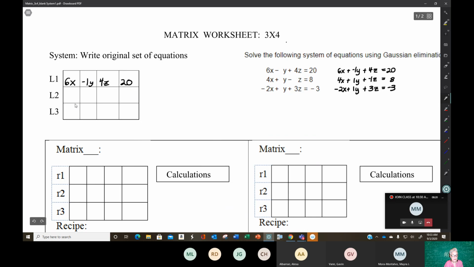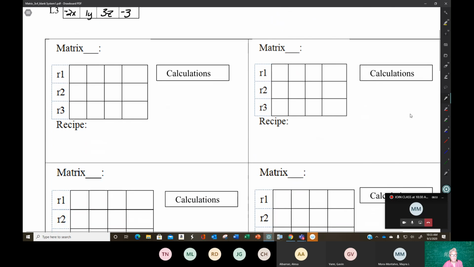Okay, here we're still working with the system. We're going to turn it into a matrix in just a minute. Okay.